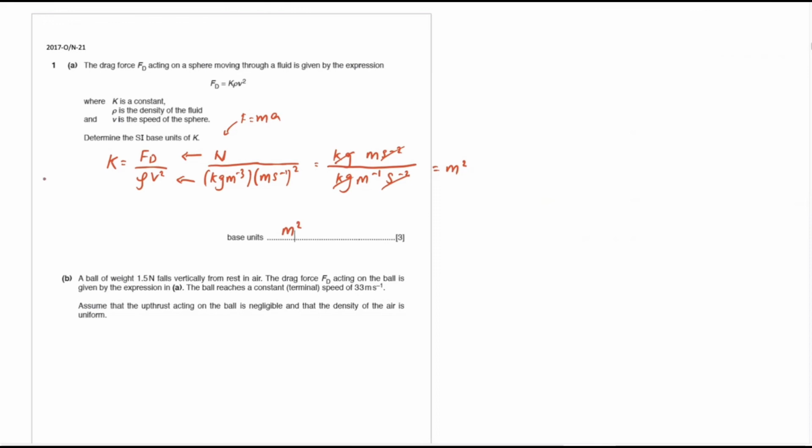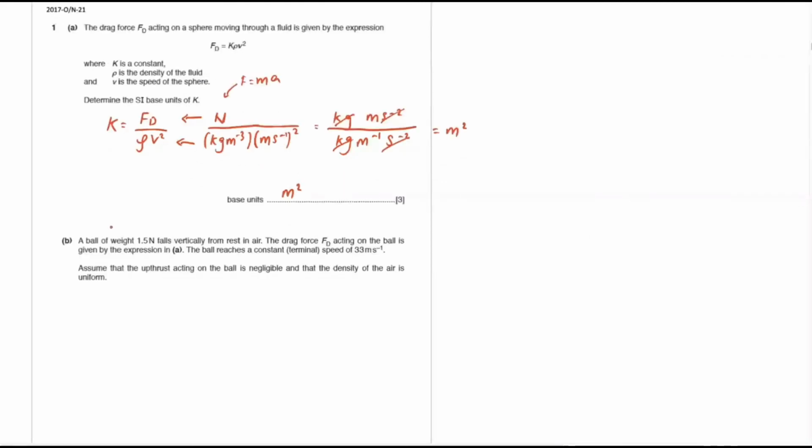Okay, now we move on. A ball of weight 1.5 newton falls vertically from rest in air. From rest. So imagine initially it is at rest, no velocity, no drag force. Initially only weight acts on the ball.